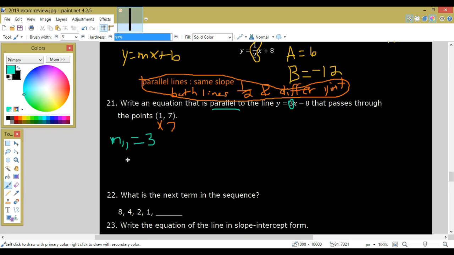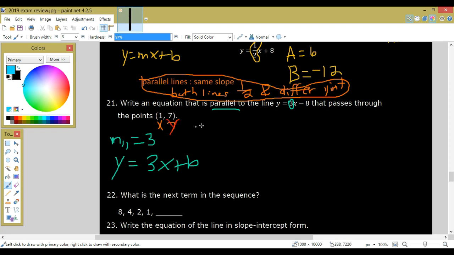Now b is going to be something different. So first we write out the equation of any parallel line to this line: 3x + b. And we're going to solve for b using this point. So for x, we're going to plug in 1. For y, we're going to substitute 7.